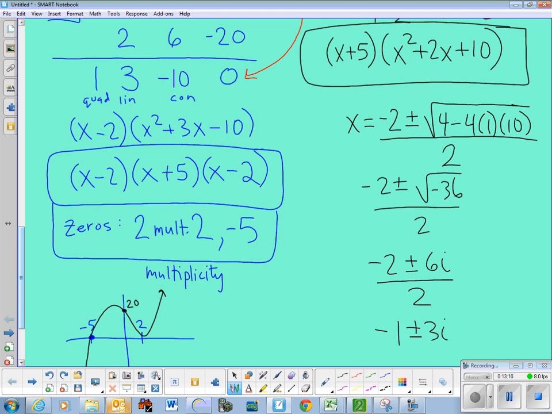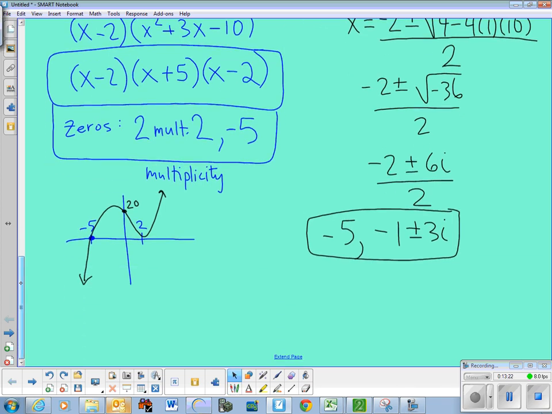So the second part of this question is, what are the solutions? What are the roots? They are -5 and those two imaginary ones. Imaginary solutions always come in conjugate pairs. A conjugate pair looks like a plus or minus bi.